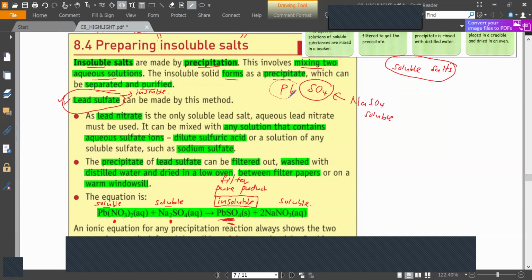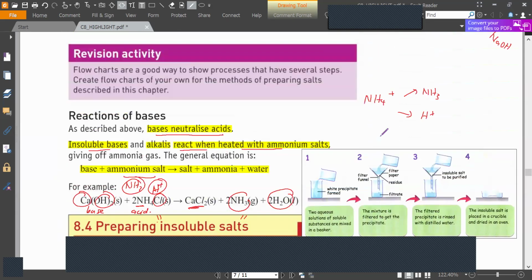The lead we also need to get from a soluble source, for example lead nitrate. So both of the reactants must be soluble. That's the idea. So in the end, these are our steps here.